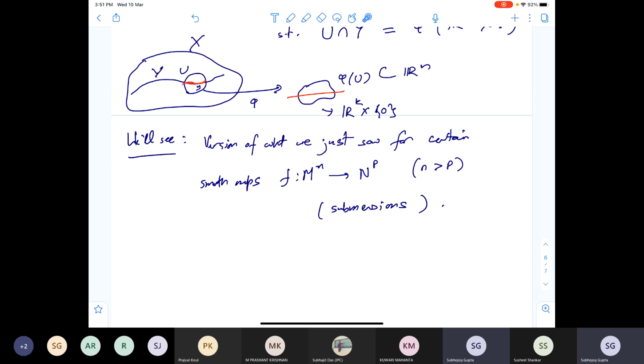You had to choose some compatible atlas, but that shouldn't matter when you deal with manifolds, and that's one of the things we'll have to do. So that's this notion of what a derivative of a map between two manifolds is, and that's coming up next time.